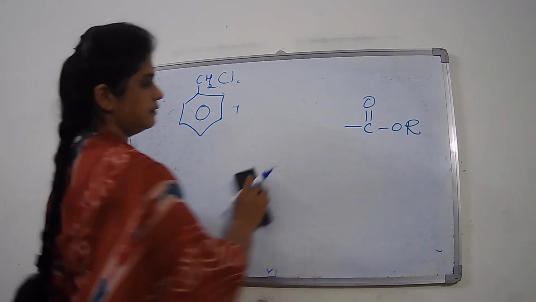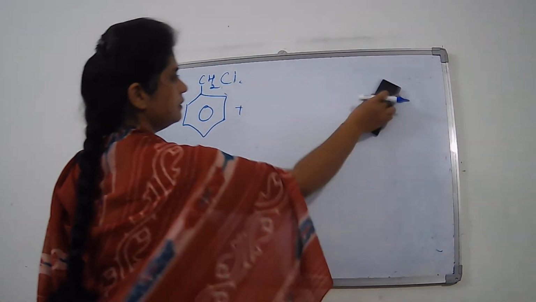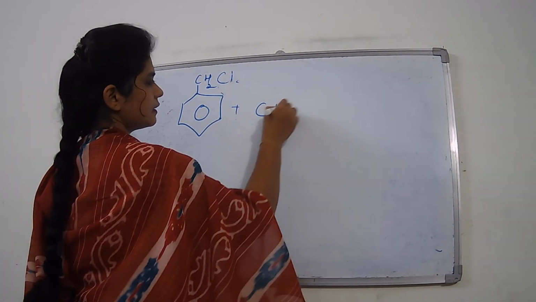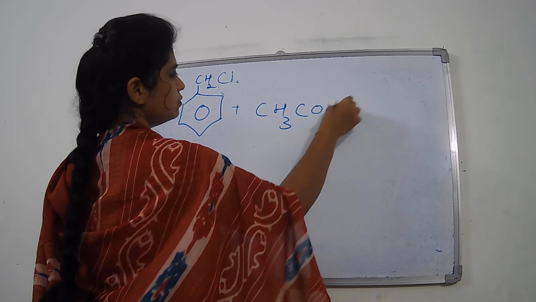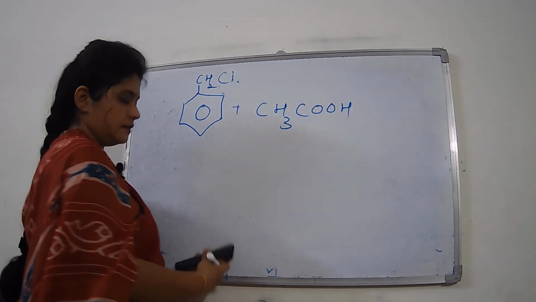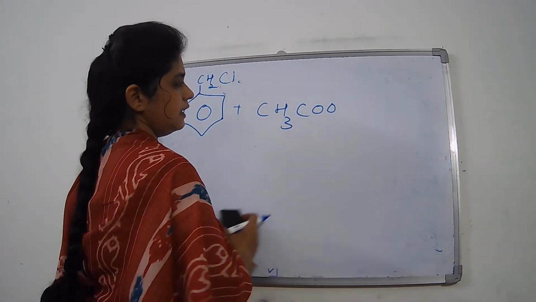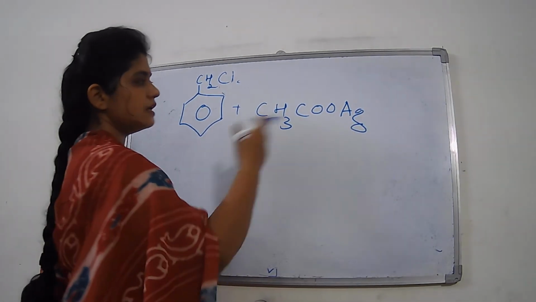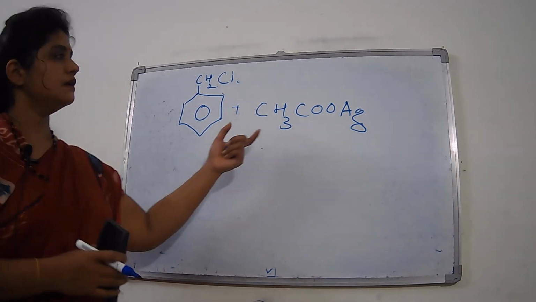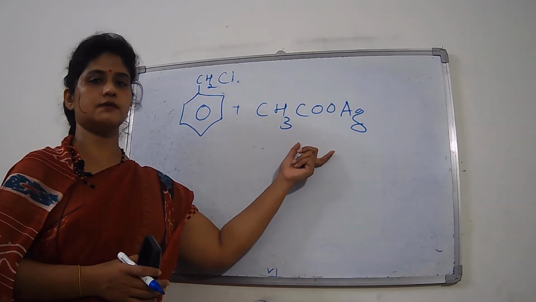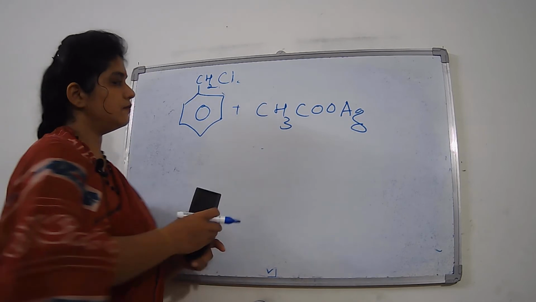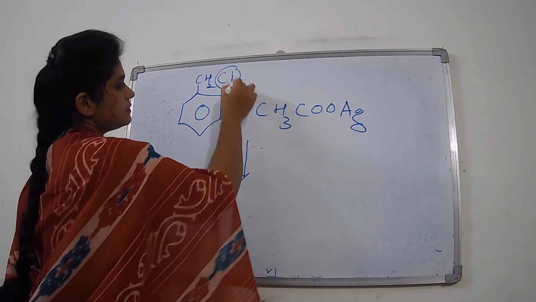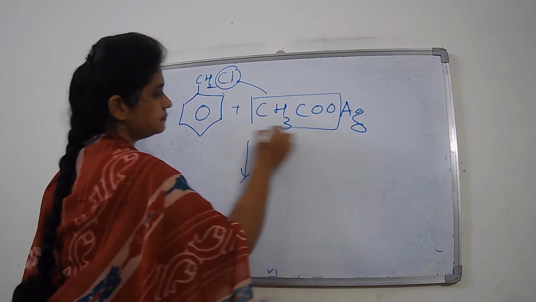We take the silver salt of an acid. Again, you know that this is acetic acid. Whenever this H gets substituted by silver metal, it becomes the silver salt of acetic acid, also called silver acetate. So whenever it reacts, here Cl gets substituted by this group.